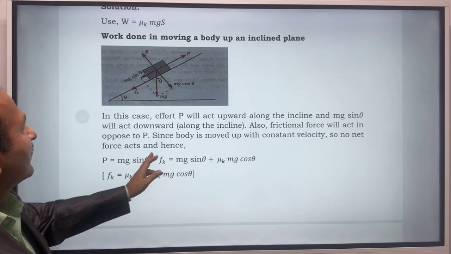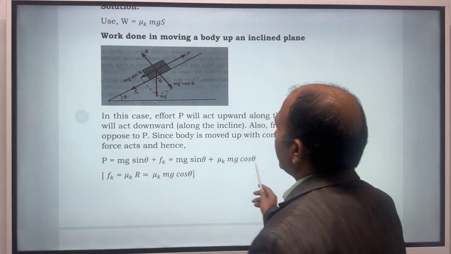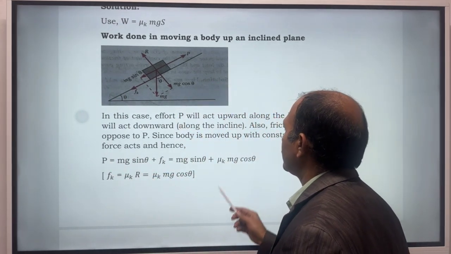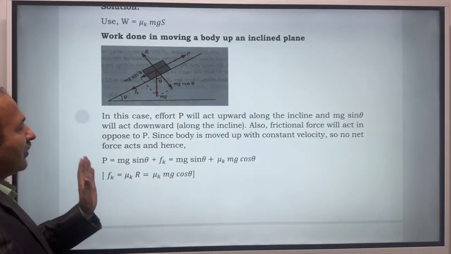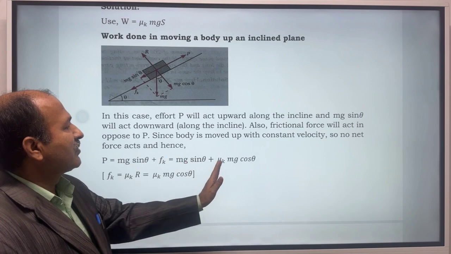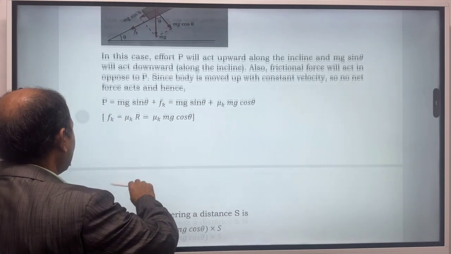But here the body is moving with a constant velocity, it means the difference of the force applied and these two opposing forces will be 0. So that is why, in order to calculate work done, we have taken into consideration mg sin theta plus mu k mg cos theta times displacement or distance.